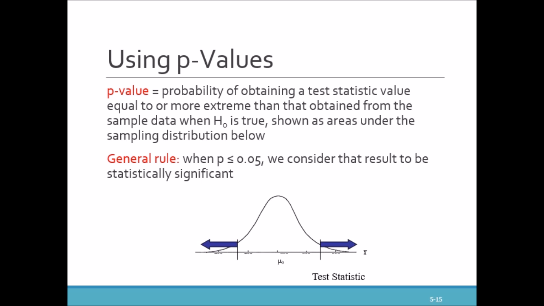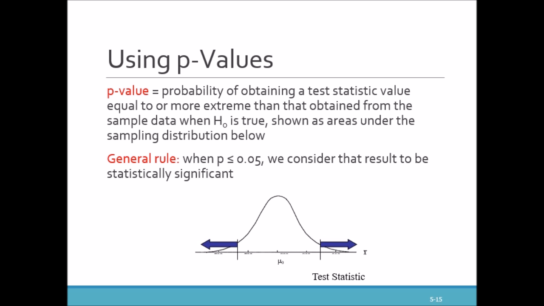So when the absolute t-value is greater than the absolute critical value, we can reject the null hypothesis in favor of the alternative. And if our p-value is less than our alpha, then we can reject the null hypothesis in favor of the alternative.